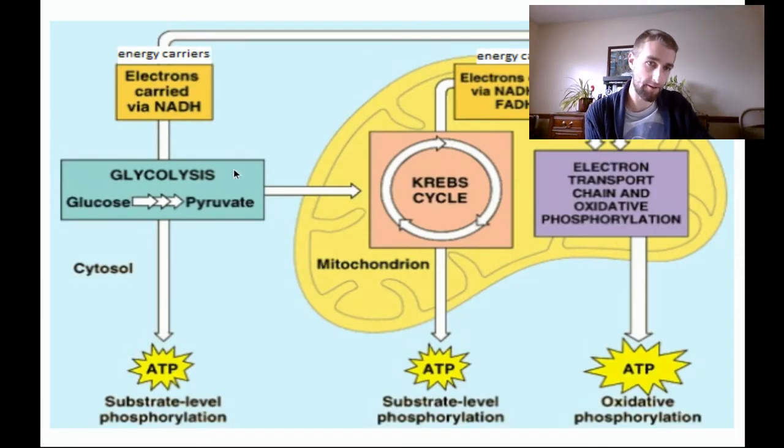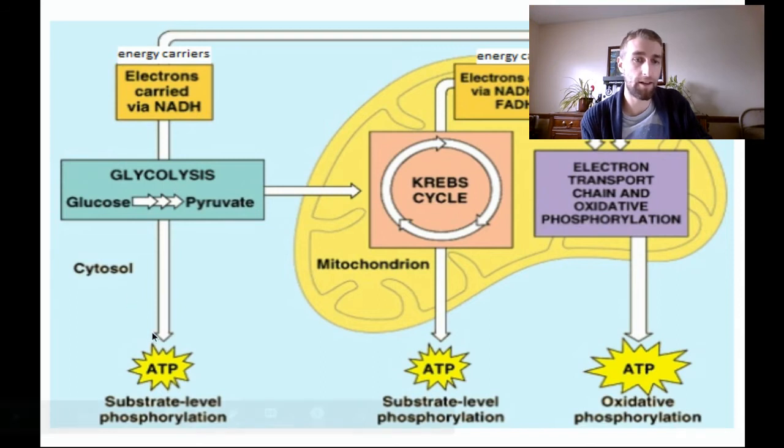All right, here's a zoomed out diagram showing you the whole process together. Step 1 is glycolysis. Glucose gets broken down to pyruvate. This step is anaerobic, so oxygen does not need to be present, and it's happening in the cytoplasm outside the mitochondria. What do we get?